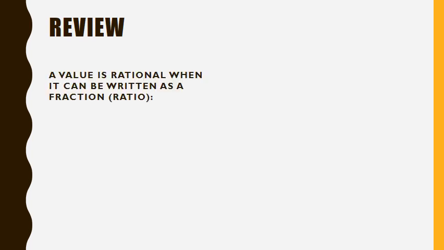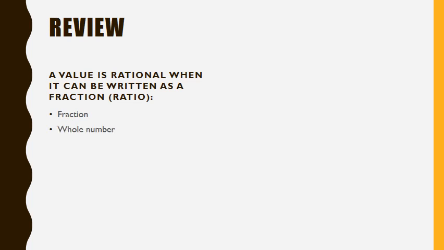So let's just talk about everything that we did because there's a lot of things going on. The goal of today is just to sort numbers. We're not actually manipulating them in any way unless we're trying to prove that something's irrational or rational. So a value is rational when it can be written as a fraction. So starting off as a fraction, it's rational.